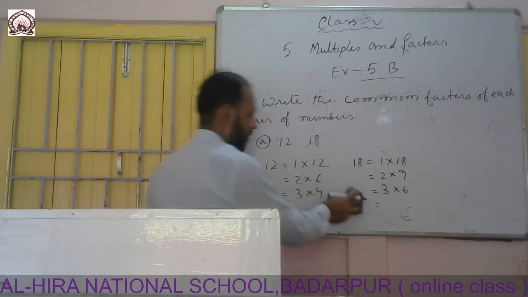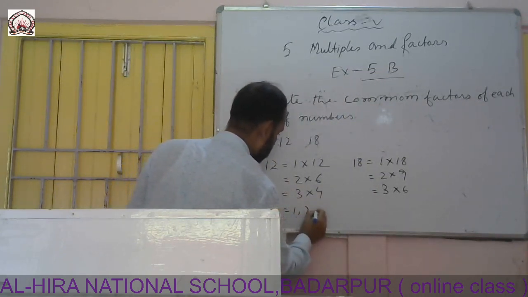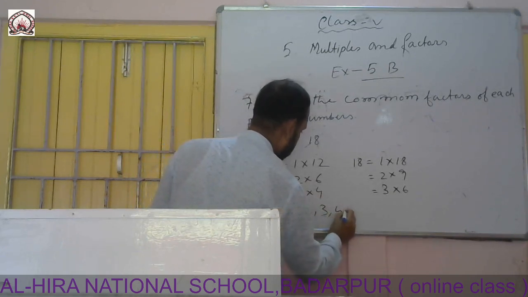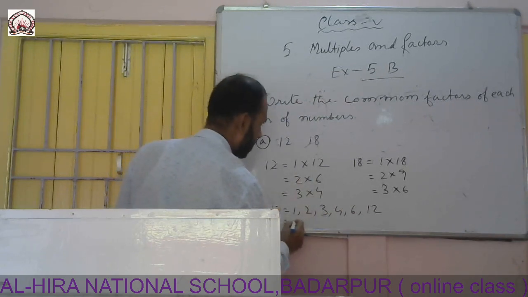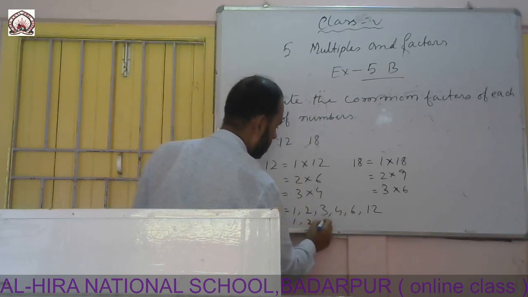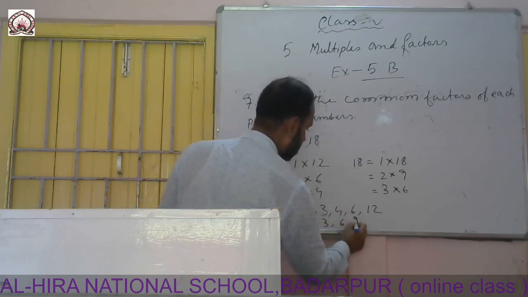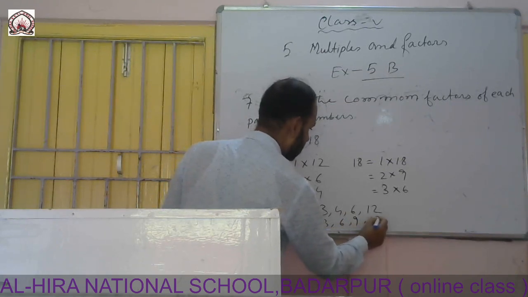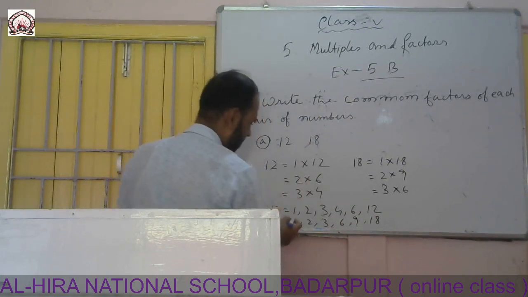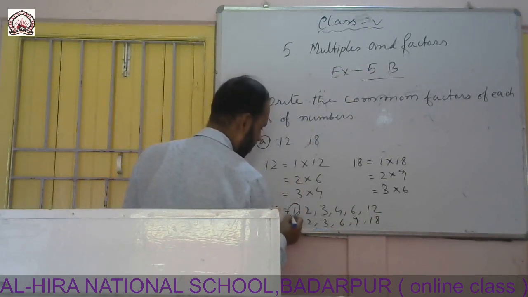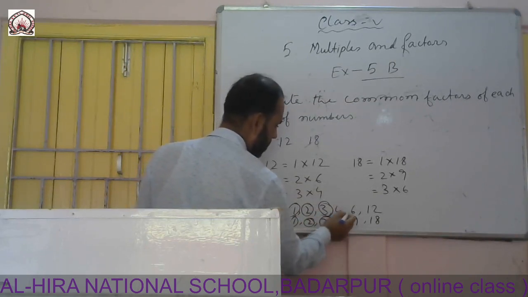So the factors of 12 are 1, 2, 3, 4, 6, 12, and the factors of 18 are 1, 2, 3, 6, 9, 18. Here the common factors are 1, 2, 3, 6.